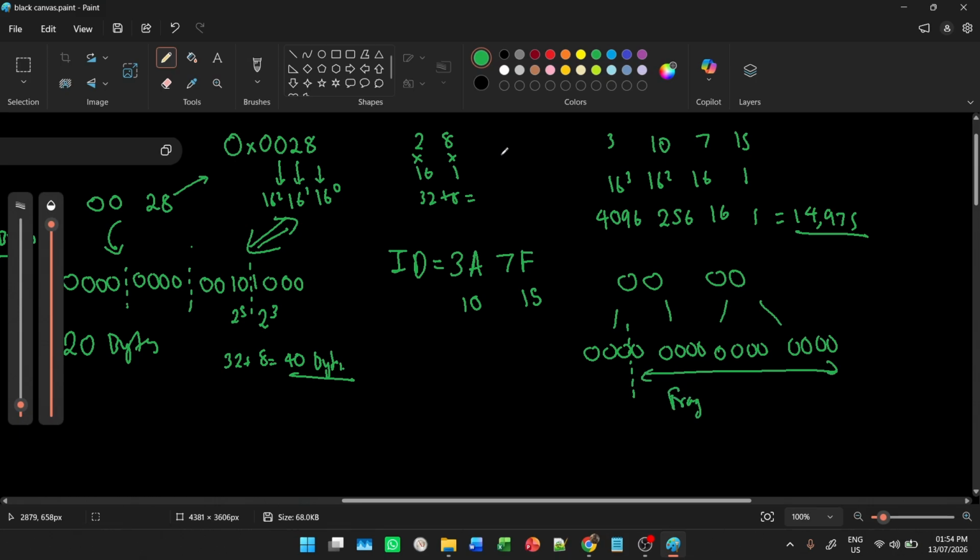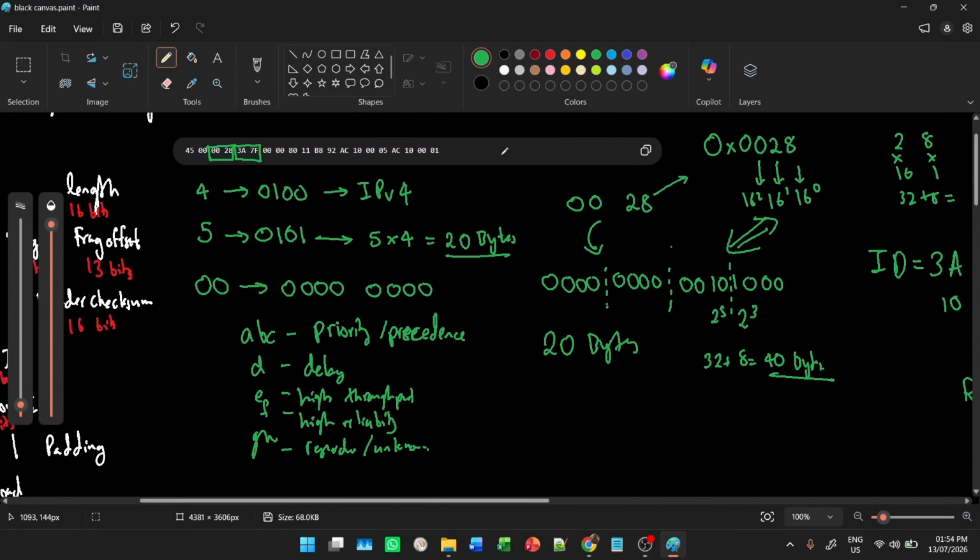So here the fragment offset is equal to 0, right? Here we have 0 0. The first one is always going to be a reserved bit, that's going to be 0. The second one is the do not fragment flag, that's going to be 0. And then we have the more fragment flag. It is also 0 in this case, but it is subject to change.